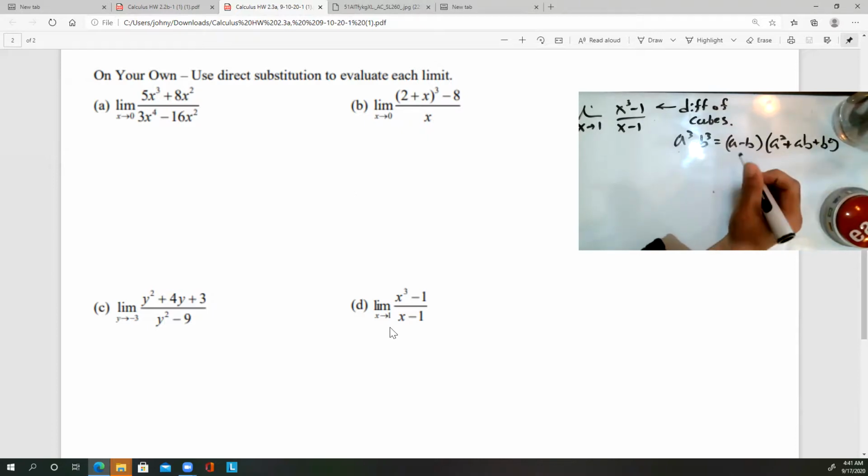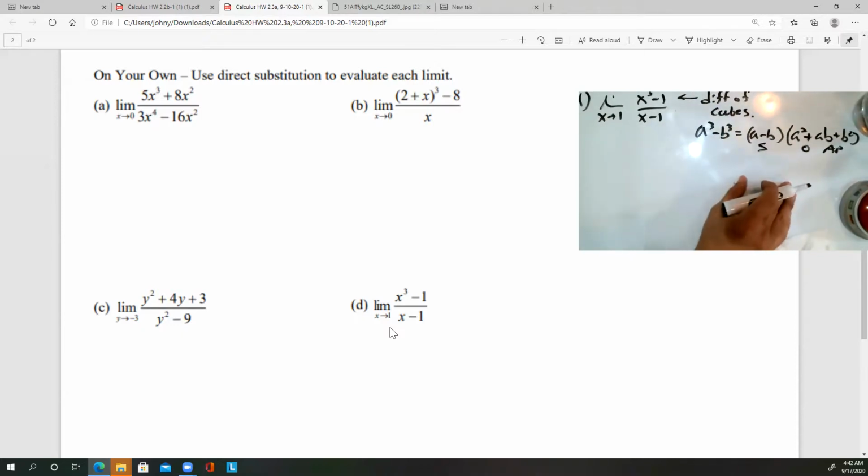It's SOAP, everybody. SOAP. Same sign, opposite sign, always positive. That's how you can tell. SOAP to get the signs correct.